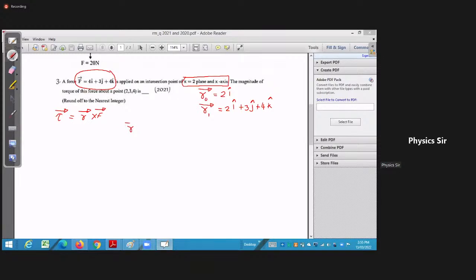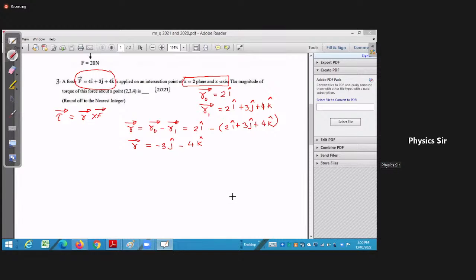So to calculate the displacement r, this will be r0 minus r1. What is r0? It is 2i cap minus (2i cap plus 3j cap plus 4k cap). Therefore, this displacement r will be 2i minus 2i, which is 0i. The 3j will be negative, and the 4k will be negative.